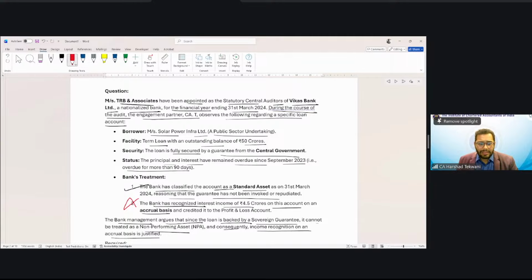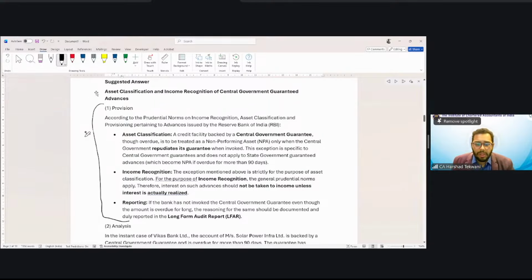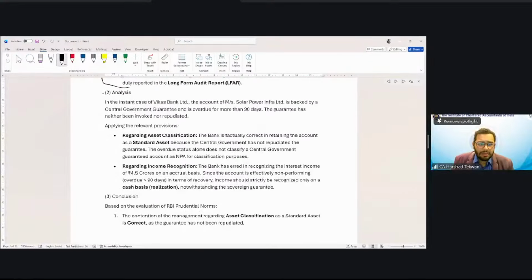See, when you have to answer this particular question, what you need to do is simple. The method we use to answer the question is, you first provide the provision. Asset classification or whatever the provision may be that you remember, you specify the provision, then you do the analysis of the case. Then give your conclusion.